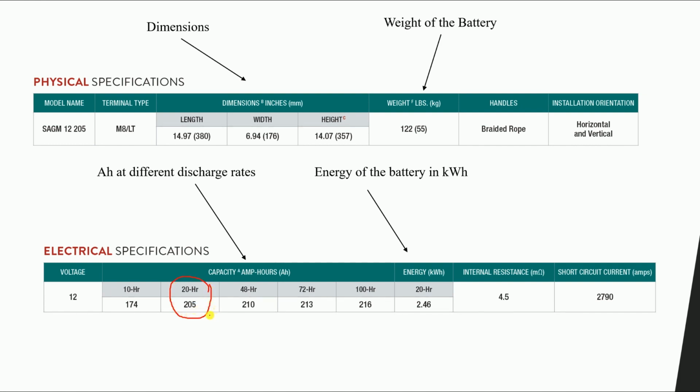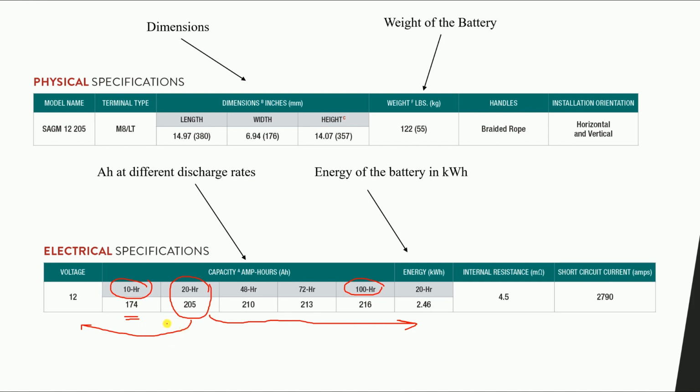As the discharge time increases, the capacity of the battery starts increasing since we are discharging in a longer time. If you decide to discharge it in a shorter time, let's say 10 hours, then you will only get 174 ampere hours. So you will get a lower amount of energy.